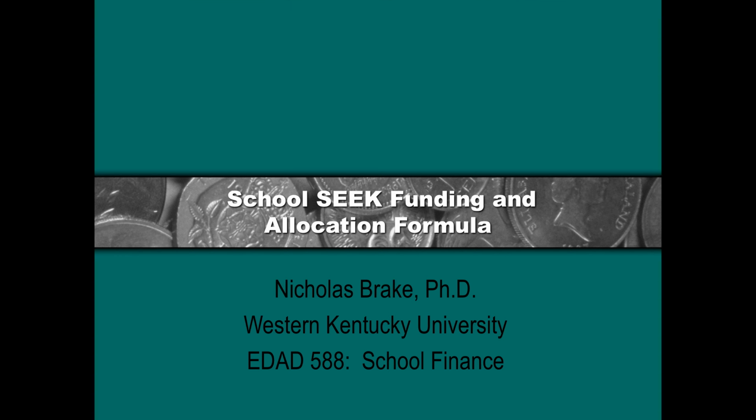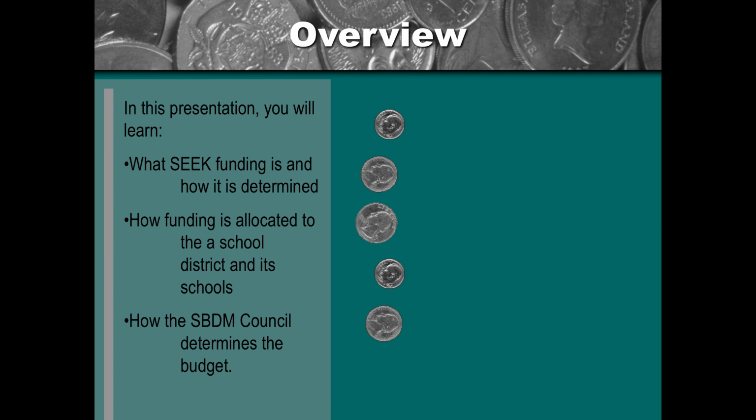So we're going to begin this presentation that is really all about SEEK funding, Support Excellence in Education in Kentucky, and this is the funding program that was developed during KERA, the Kentucky Education Reform Act in 1990.